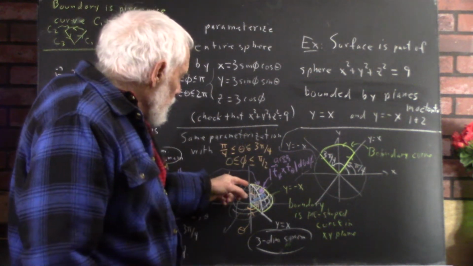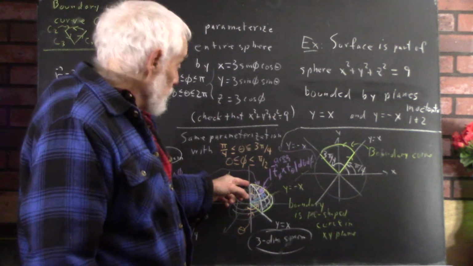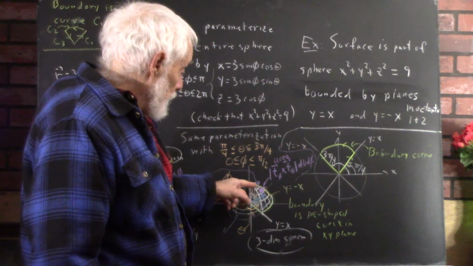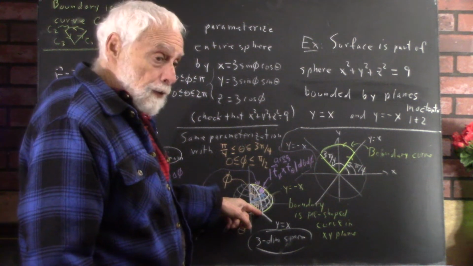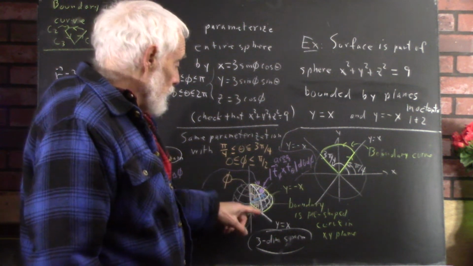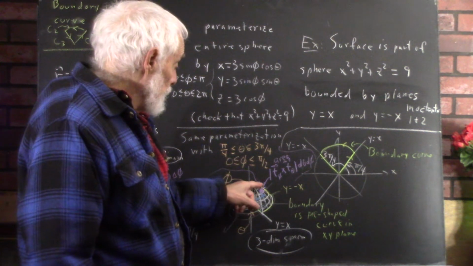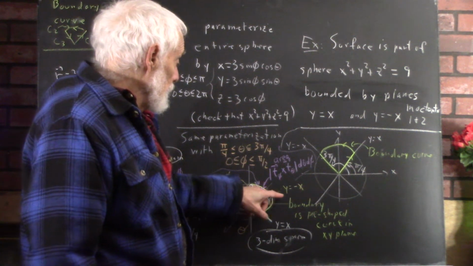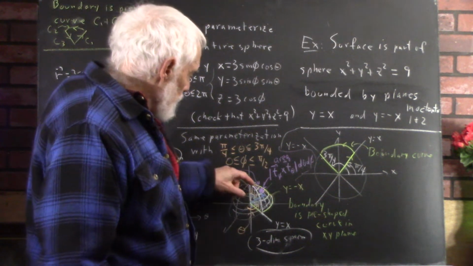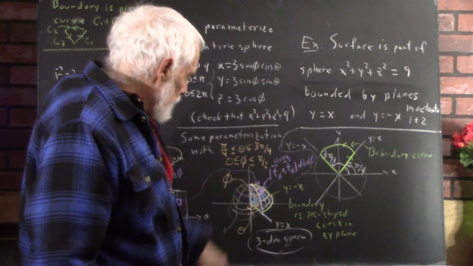We have an arc along the circle from the pole, arcing down to this point here on the line y equals x, and another one arcing down to the line y equals negative x along the sphere. And then we add a little bit of shading and so forth.